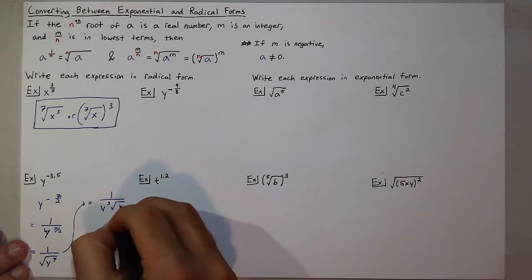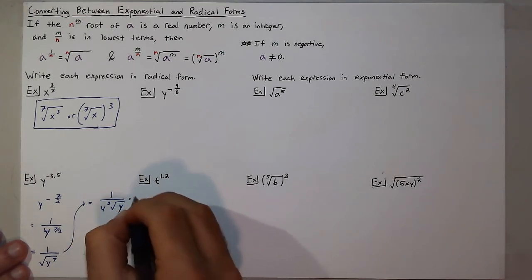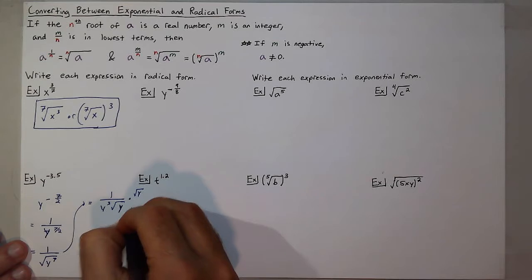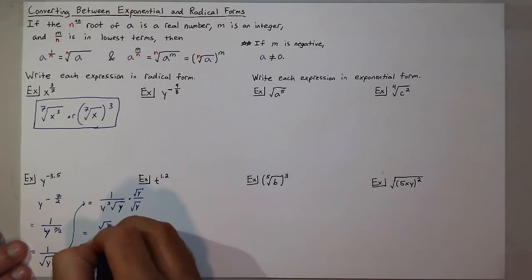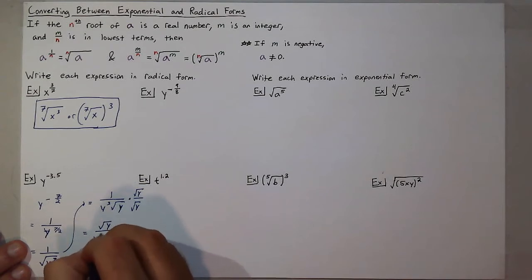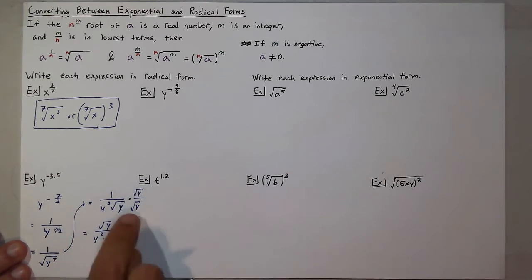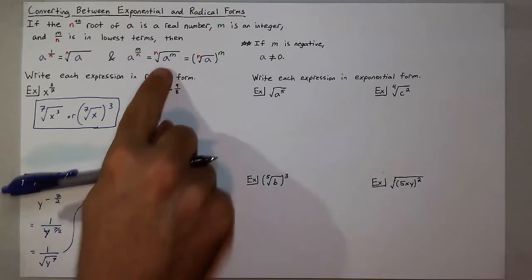And then to rationalize its denominator, I would just multiply by the square root of y in the numerator and the denominator. And that would give me the square root of y over y cubed times y, because the square root of y times the square root of y is just y. That leaves me with the square root of y over y to the 4th. That would be its radical form.